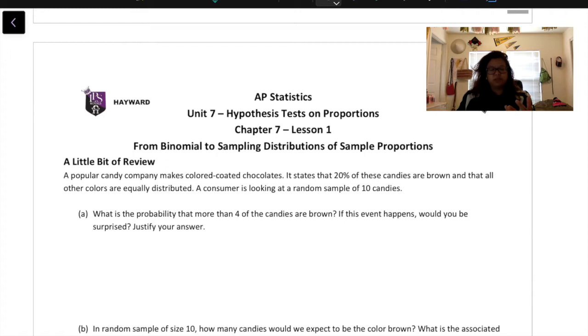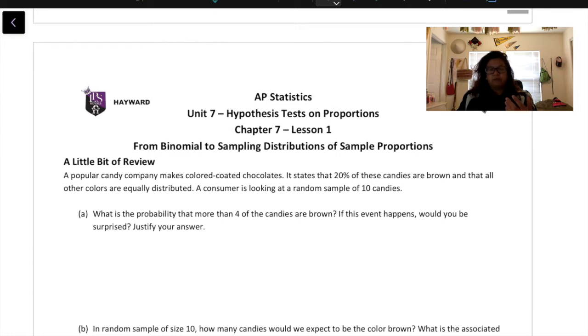Proportions means the amount of time that something appears in a set experiment. For example, if I do 100 trials, how many of those trials will appear tails on a coin?